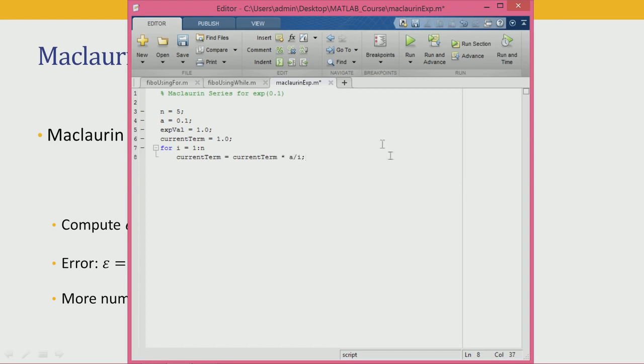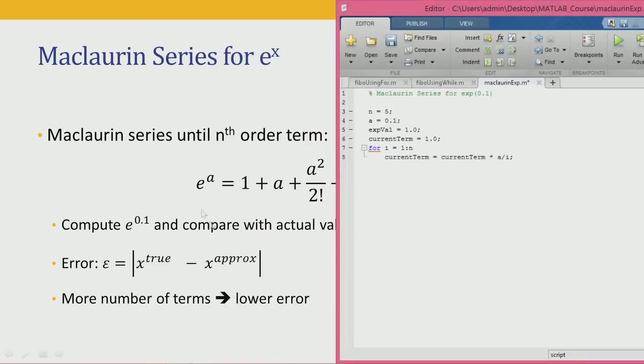Okay. So, let us see how exactly this works. We have e to the power a that we need to compute approximately. When I is equal to 1, our value of current term is going to be 1 multiplied by a divided by 1, that is a. In the next loop, it is going to be a multiplied by a by 2, that is a square by 2 factorial.